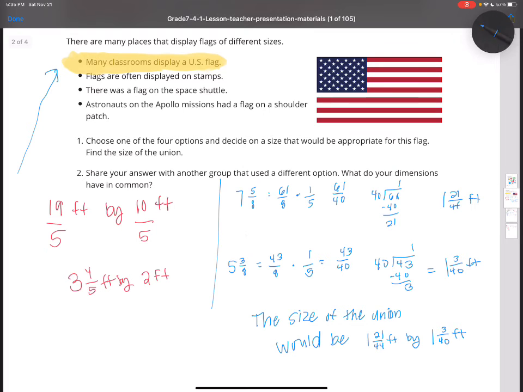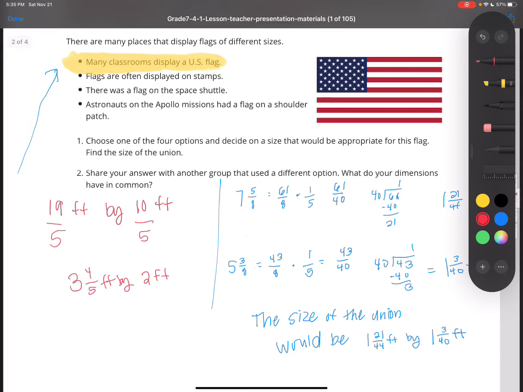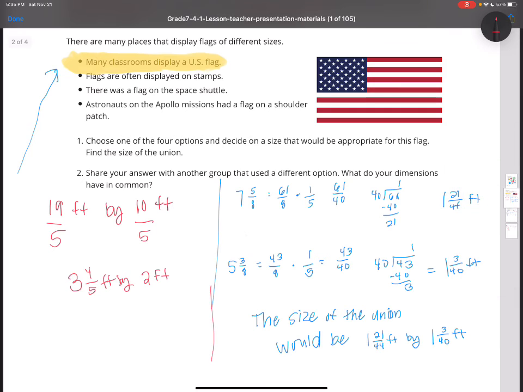And the size of the flag, which I'll write in red, and I apologize for writing sloppy, guys, would be 3 4/5 feet by 2 feet.